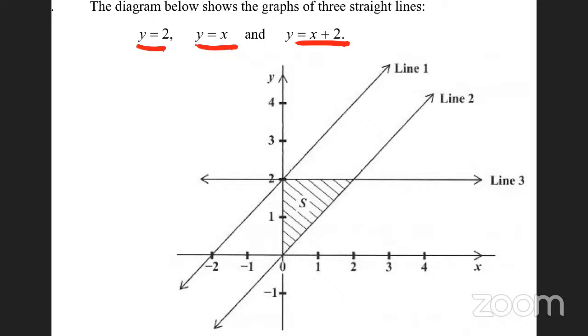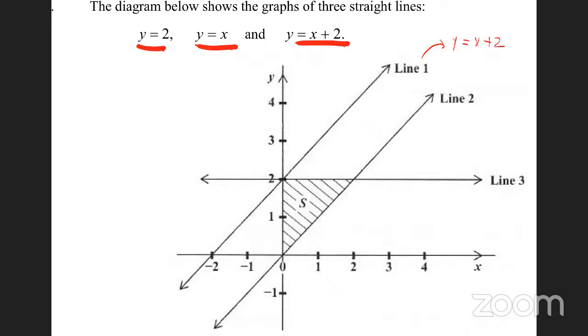All right, let's check out line 1. What is the y-intercept of line 1? Look at the line. 2. Are you okay with that? Nice. So which one has a y-intercept of 2? Y equals x plus 2.